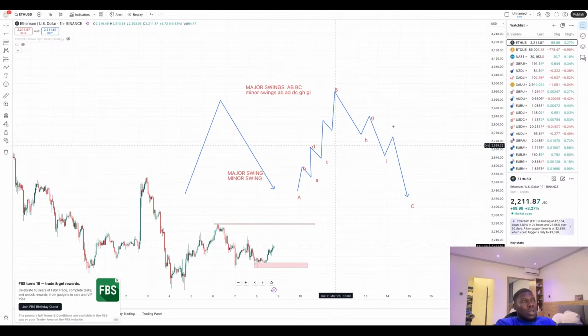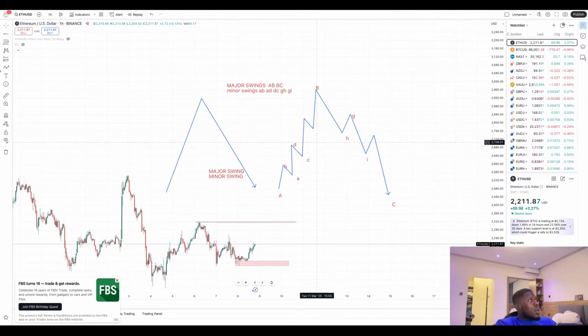So on a coin you would see a major swing, and minor swings are part of a major swing. So when you come to your chart, you need to identify your major swings, because these are the places you expect the market to react.